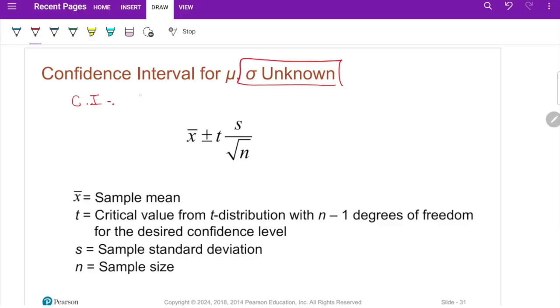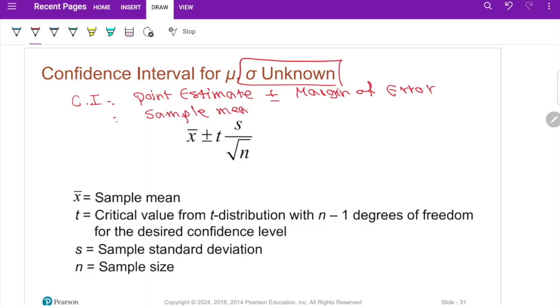It's going to be, again, the point estimate plus or minus the margin of error. What is the point estimate? It is the sample mean, plus or minus the critical value, which is the t value, times the standard error.